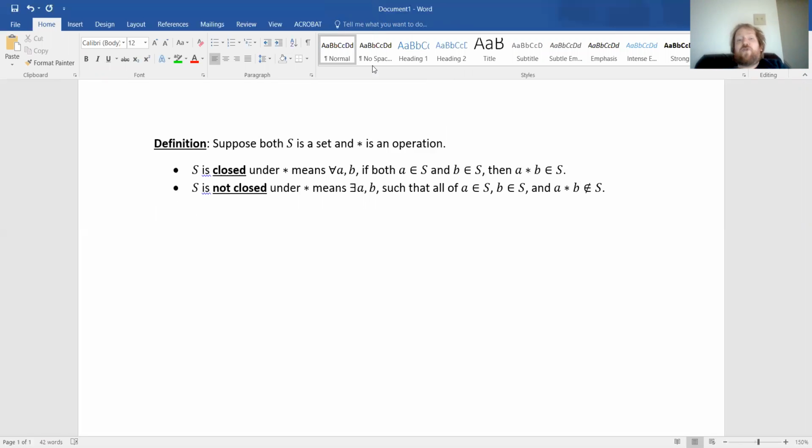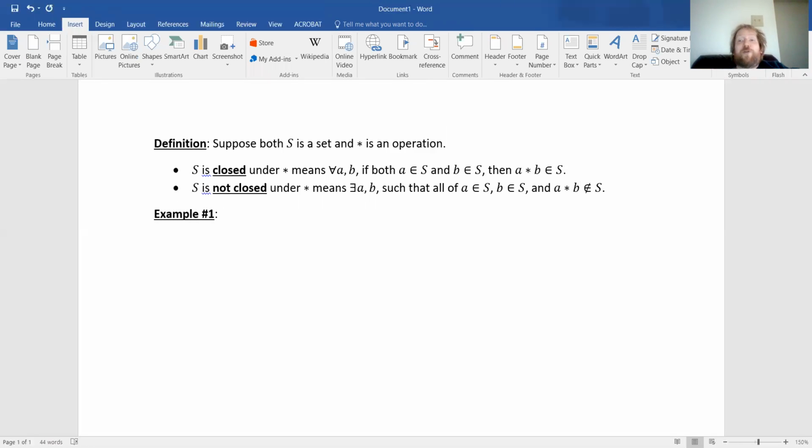Okay, let's do a couple of quick examples with this definition. My first example, which I will accept without proof is true, is an axiom, is that the set of real numbers is closed under addition.